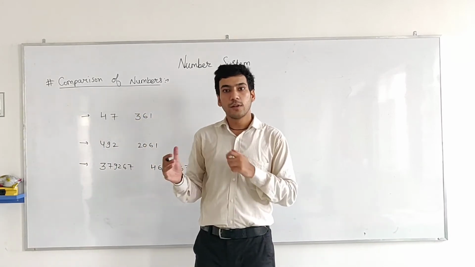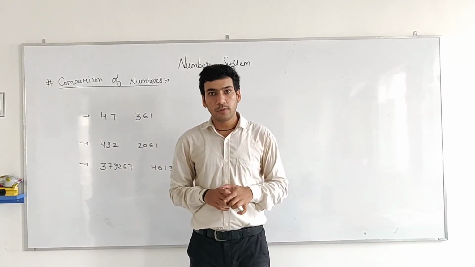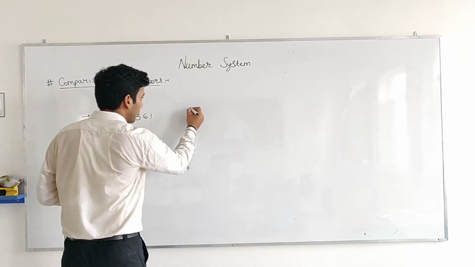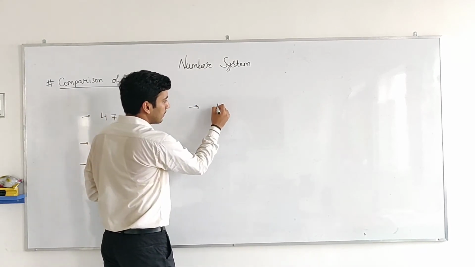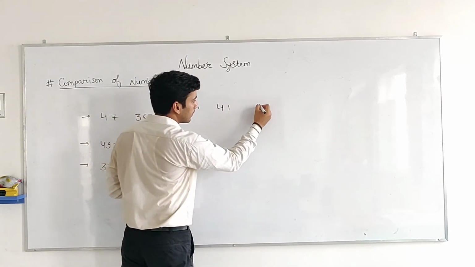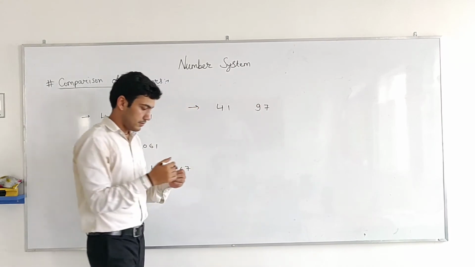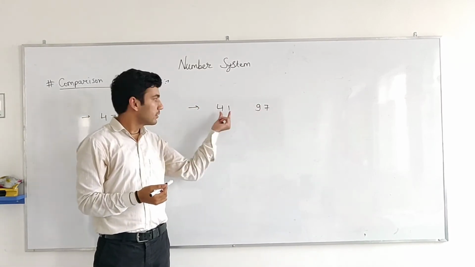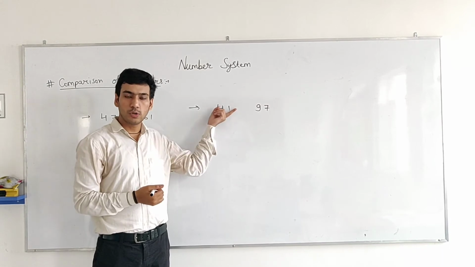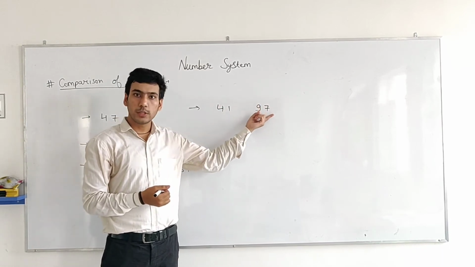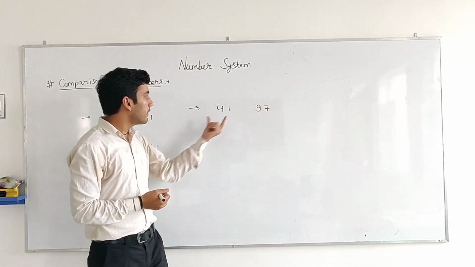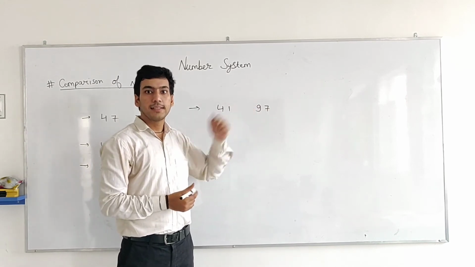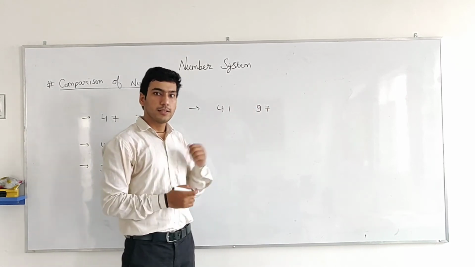What happens if both the numbers contain the same number of digits? For example, in these numbers, the number of digits is 2. This is a 2-digit number and this is also a 2-digit number. Now, if I want to compare these two numbers, how will I compare them?